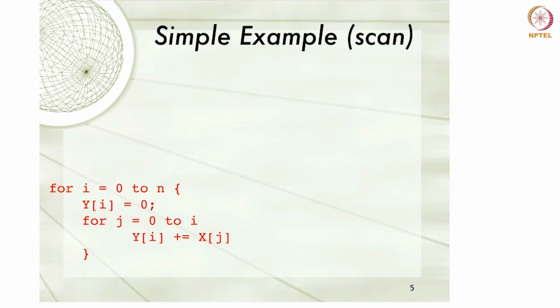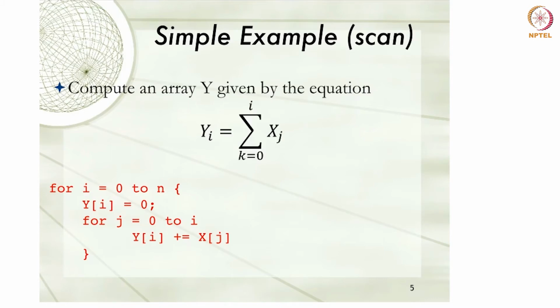I have an array instead of f. Yeah, go ahead. Instead of calculating every time the summation of all x_j's, we can just take the previous element of y_i and add the x. Absolutely, that is simplifying reductions. So you are going to compute an array given by this equation. The program on the left is the silly and most direct way to implement this equation.